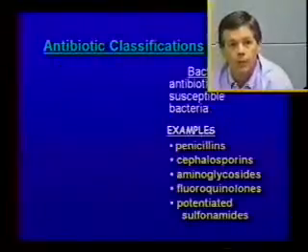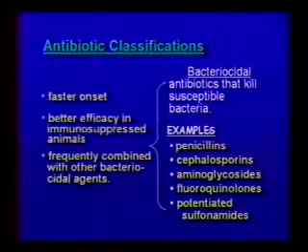Now, on the other side, the bactericidal agents are the ones that can outright kill organisms by themselves. These generally have a faster onset, so these drugs would generally be chosen in cases where an animal has experienced a much more advanced stage of an infection, and is in need of antibiotic therapy to be effective much more quickly.